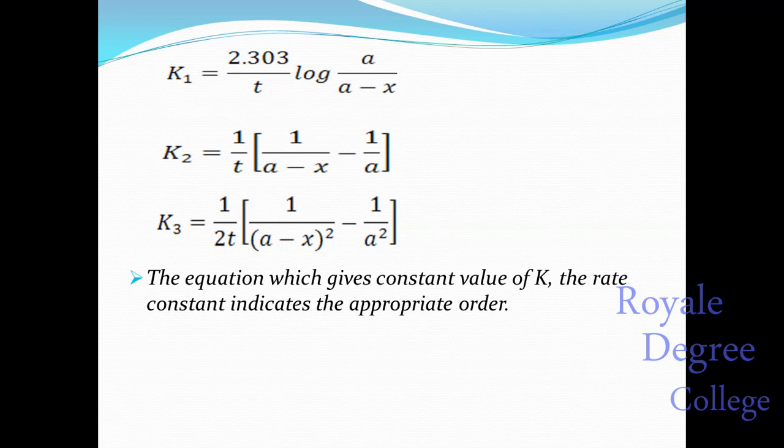Then rate constant for the third order reaction, the equation will be: K3 equal to 1 by 2t into 1 by (a minus x) whole square minus 1 by a square. The equation which gives a constant value of K, the rate constant, indicates the appropriate order.